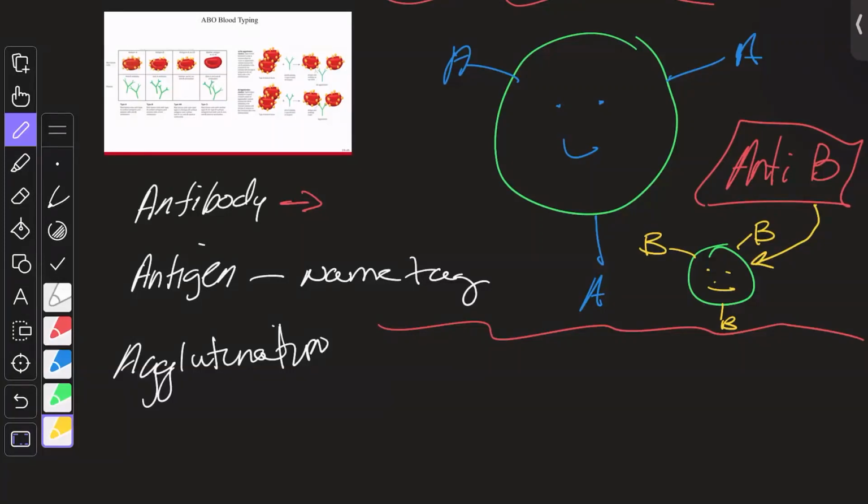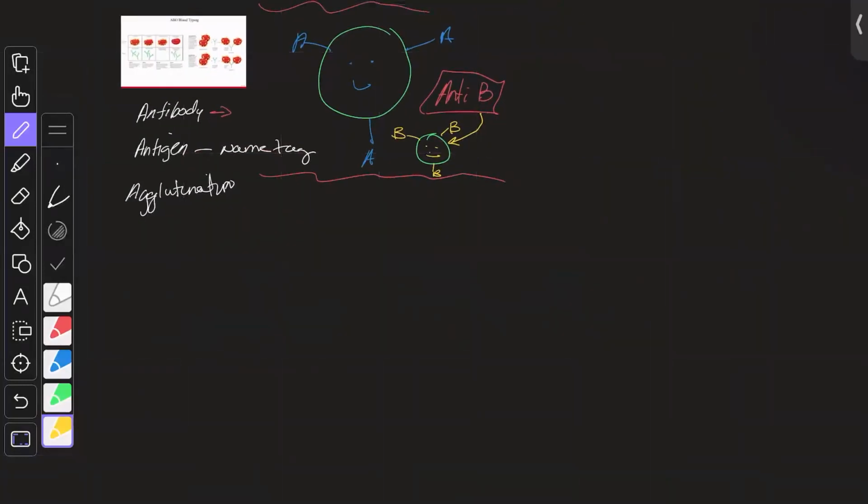Okay. Now, there is a bit of a caveat to this process when it comes to RH antibodies. Or well, RH antigens. So if I have an individual, we'll do this in a way that doesn't require me to draw faces.